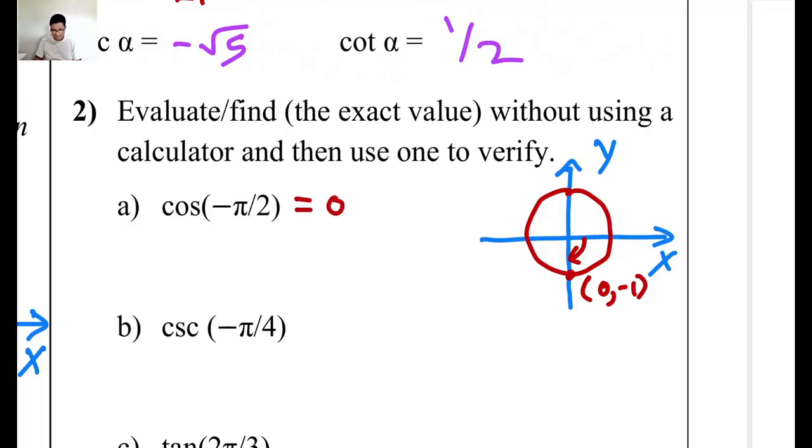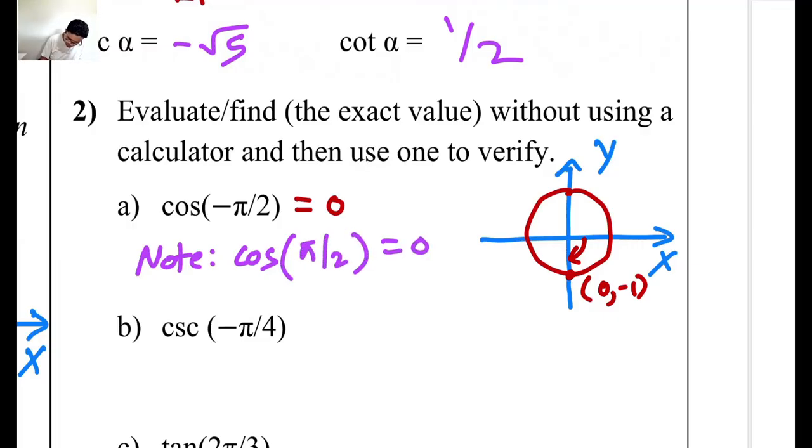X coordinate is 0. There is nothing to think there. By the way, I'll write that as a note here: cos pi over 2 was also 0. That would be 0, 1, between the first and second quadrants, 90 degrees. So cos minus pi over 2 and cos pi over 2 both are zeros.